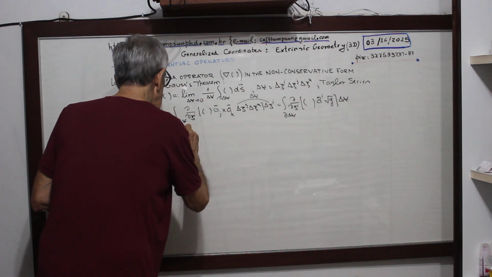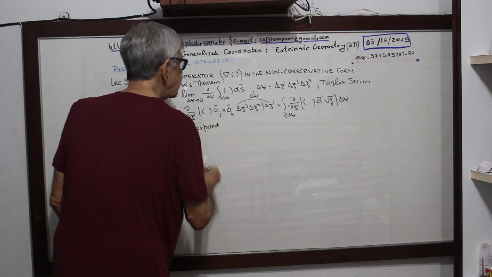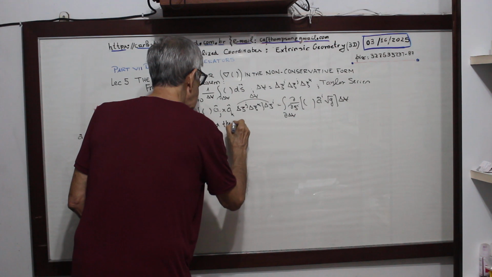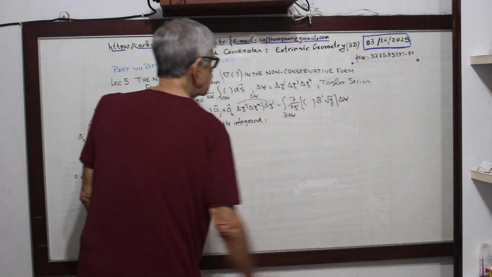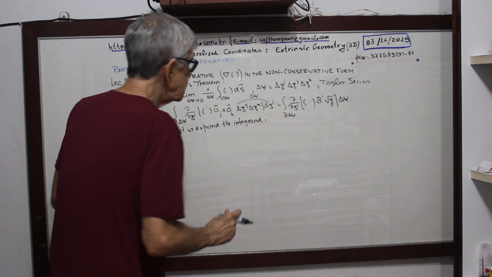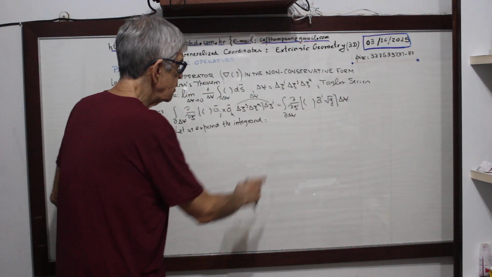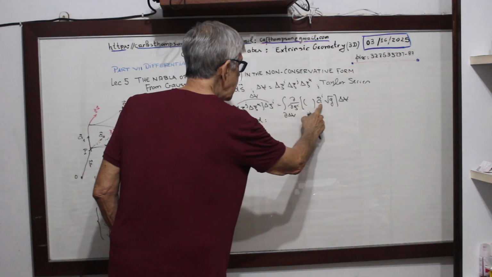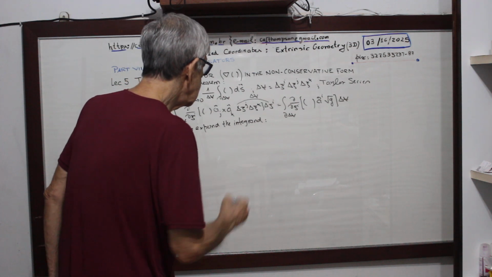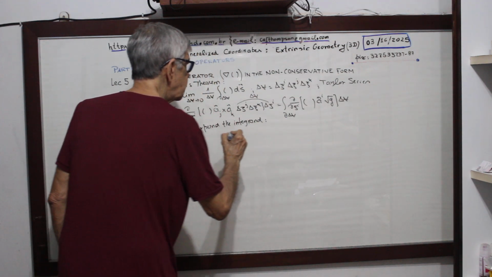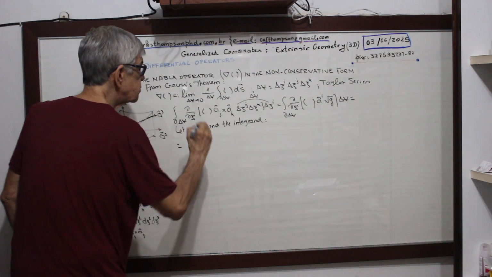Now, let us expand the integral. Let's expand this integral. You see, there are three variables, this variable here, a^i and square root of g. But you can do as follows. I'll put it here, this is equal, I will expand.